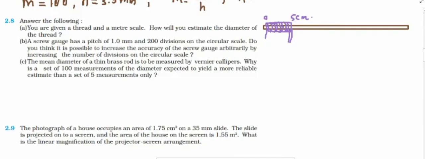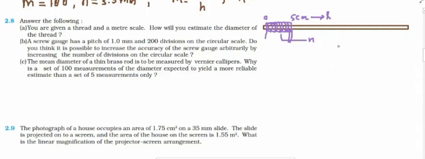Now count the number of windings. This 5 centimeter I will take as L. Now count the number of windings, which I will take as N. Now you see what will be the thickness of each winding.